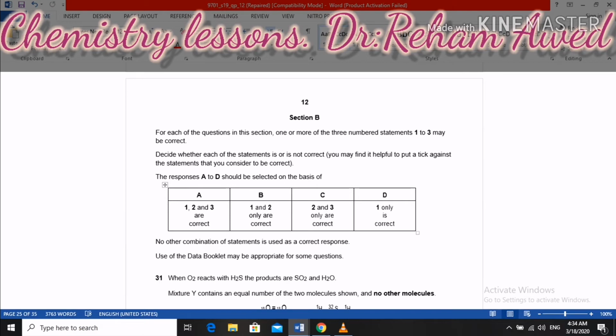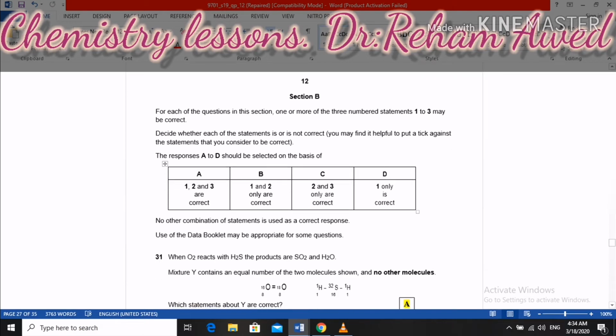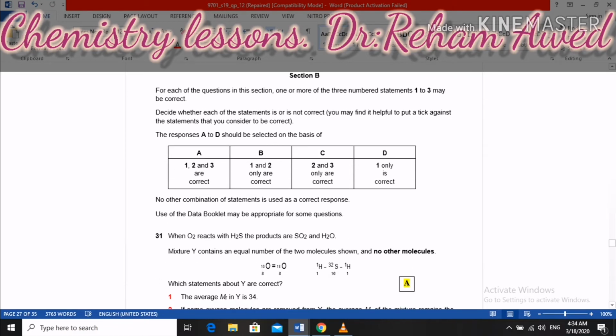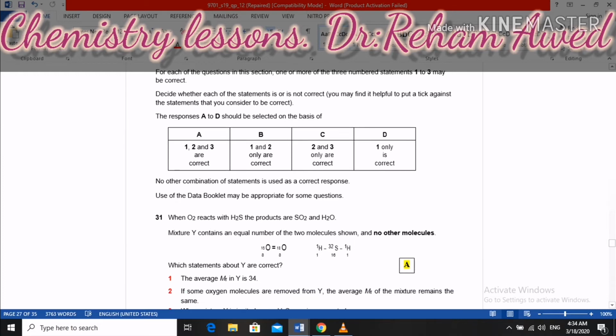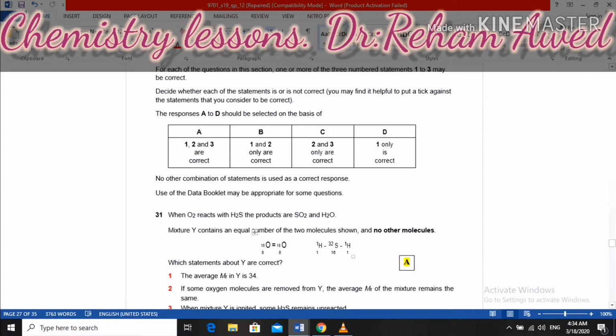At first, when oxygen O2 reacts with hydrogen sulfide, the products are SO2, sulfur dioxide, and water. Mixture Y contains an equal number of 2 molecules shown, and no other molecules. The first molecule is O2, O double bond O. But our oxygen molecule contains 2 isotopes.